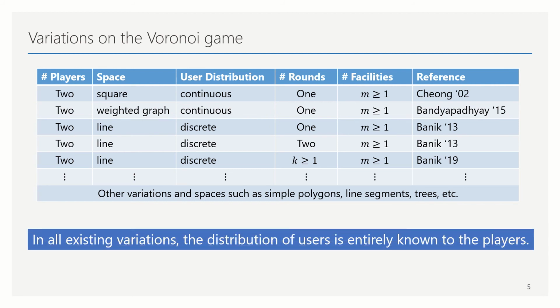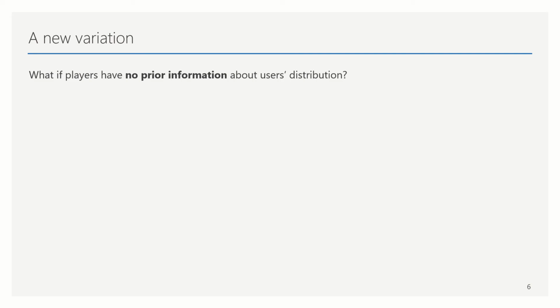One implicit point in all of these instances is that the distribution of users, either discrete or continuous, is perfectly known to players. Now, what if players have imperfect information about users' distribution? Blind Voronoi game is an answer to this question.